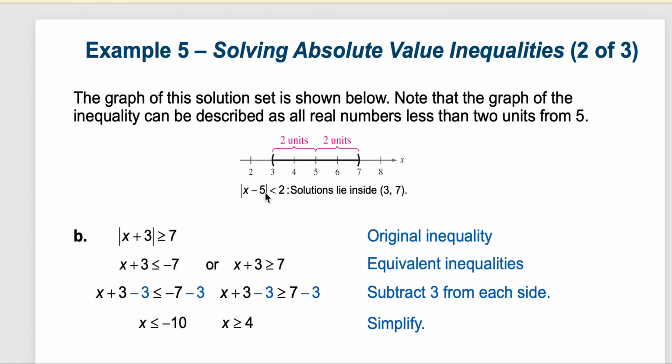But if you look at the absolute value, what you do is you go to 5 and then you go 2 units less and 2 units more than the number 5. So this is going to be your solution set.